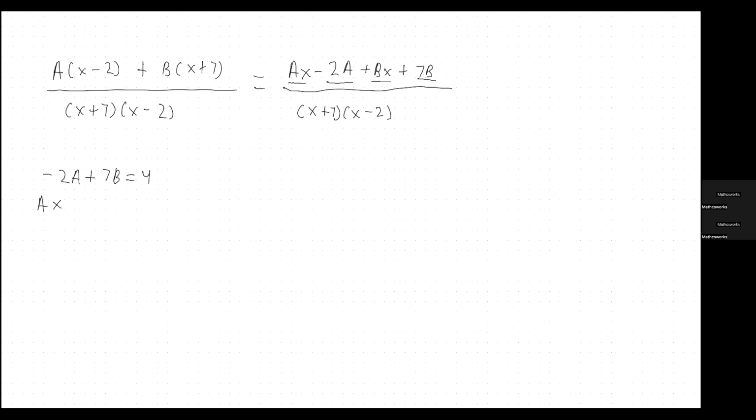So let's write that down. So the Ax plus Bx in this case would equal 0. Wait, so we don't need the x, I forgot about that. We also don't need to have the x's when we make a system of linear equations. So we just leave it as A plus B is equal to 0.